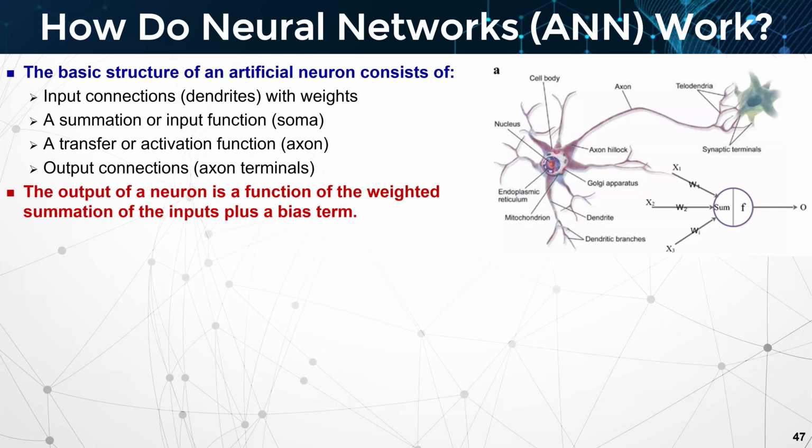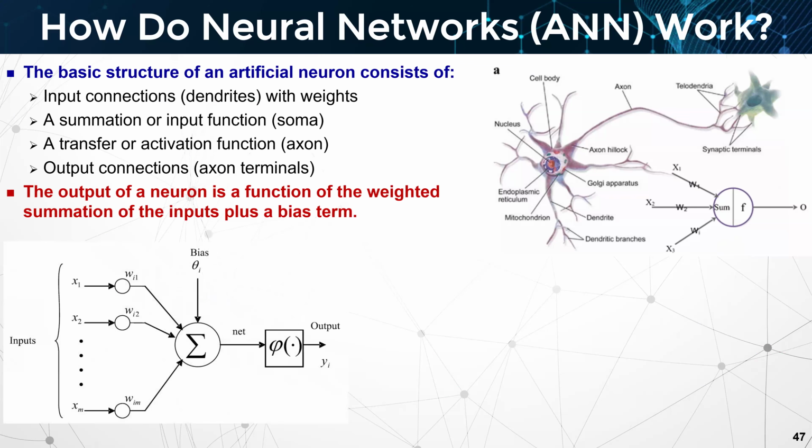So the basic principle for an artificial neural network model is simply the output of a neuron. It's a function of the weighted summation of inputs plus bias. Let's say we have a set of inputs to a neural network from x1 to xm, and we have weighting parameters wi1 to wim.